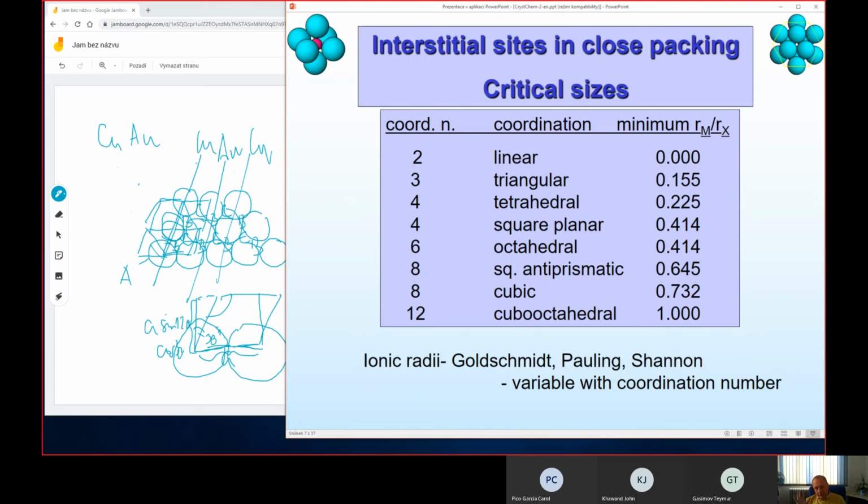As mentioned, for the octahedral and tetrahedral sites, we usually consider an array of ions of one type, and the other type of ions, usually cation, is placed into an octahedral or tetrahedral site. So we have to consider the ionic radii, and there are several sets of ionic radii which have been published in the past.